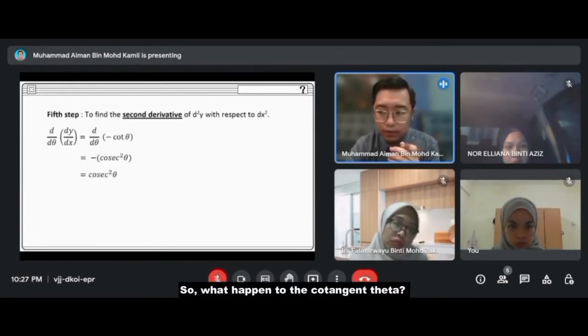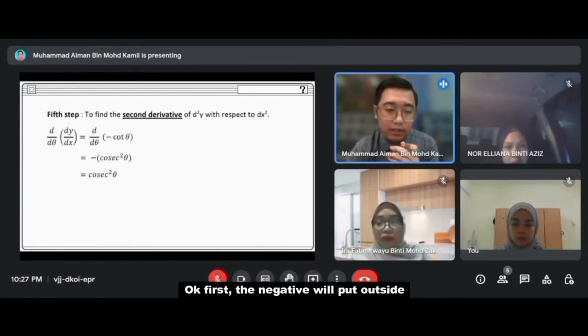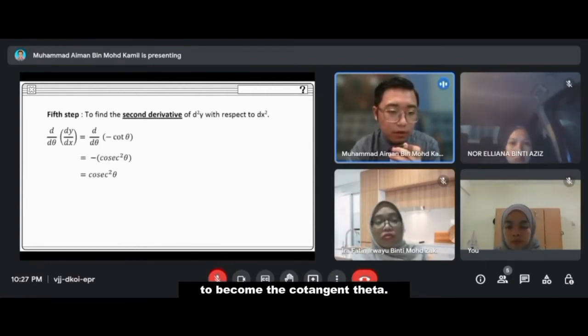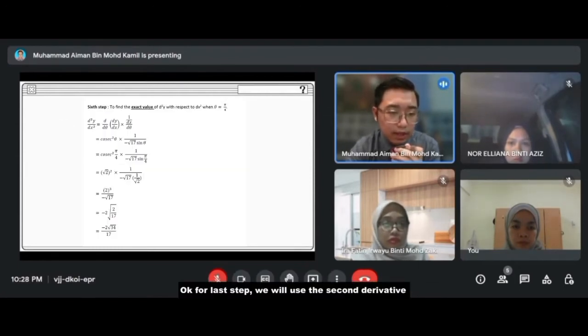So what happens to the cotangent theta? First the negative is put outside, then we differentiate cotangent theta and we get cosecant squared theta.